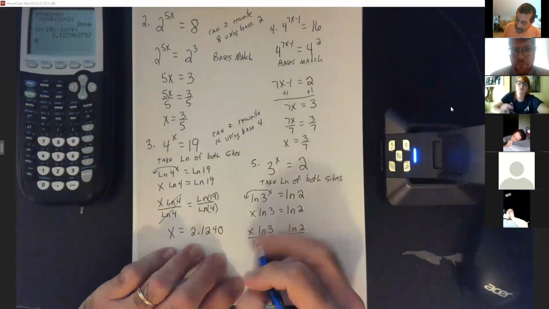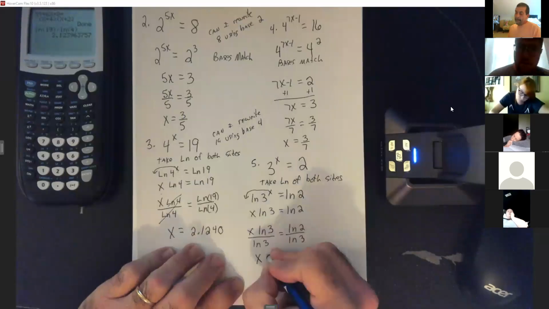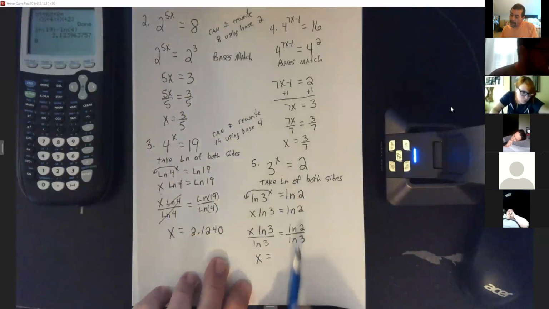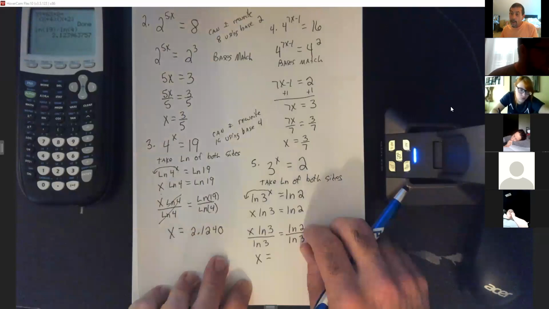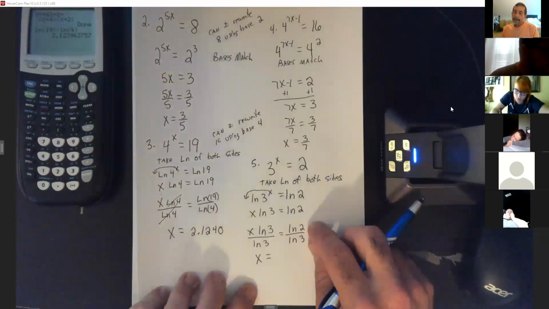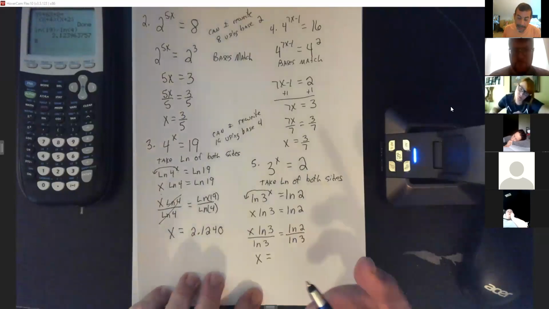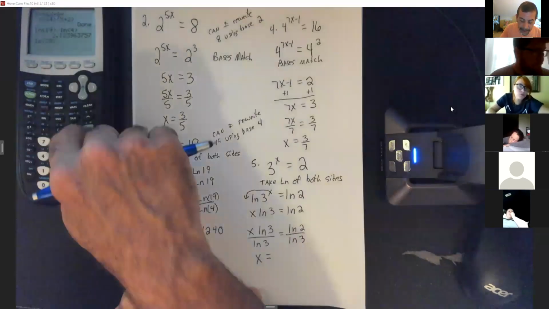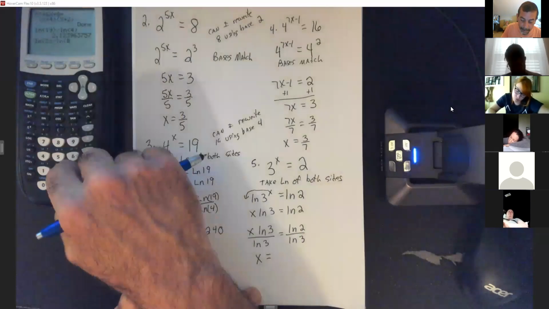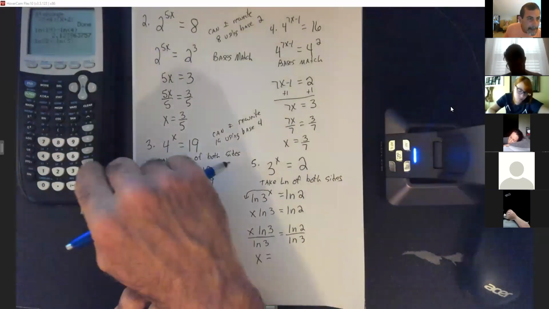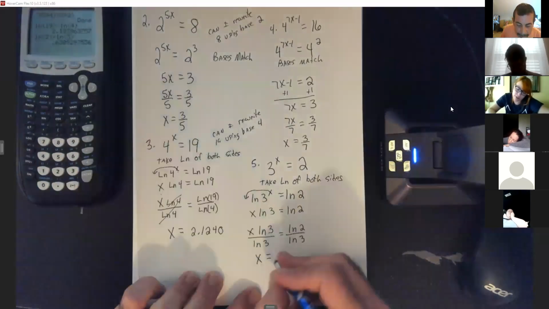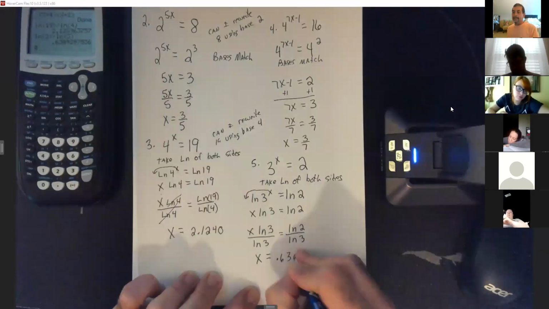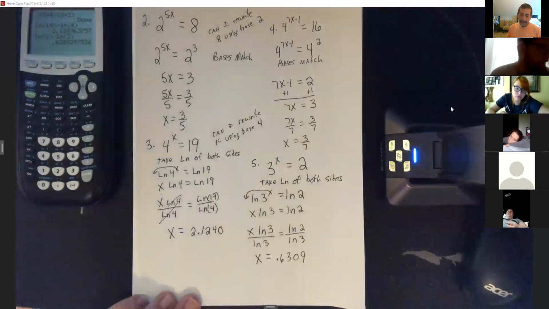So that x is approximately... This would be what we would call the exact answer, ln 2 over ln of 3. But we want a decimal approximation, so let's punch that in. ln of 2, close parentheses, divided by ln of 3, close parentheses. And 0.6309. Perfect. Yep. Okay.